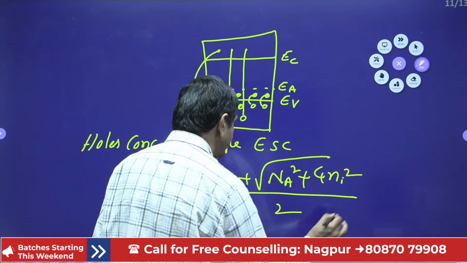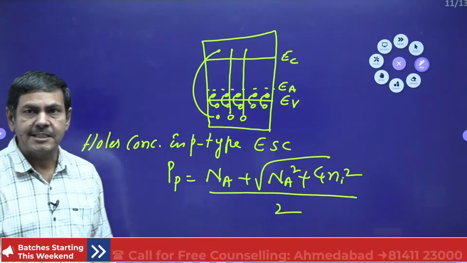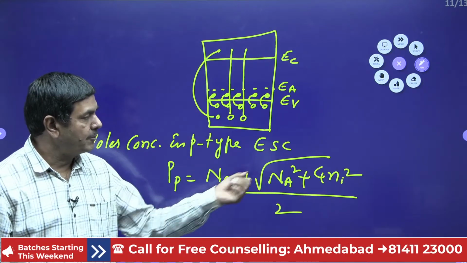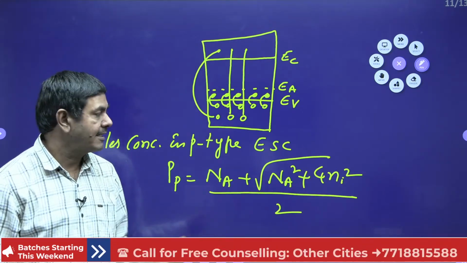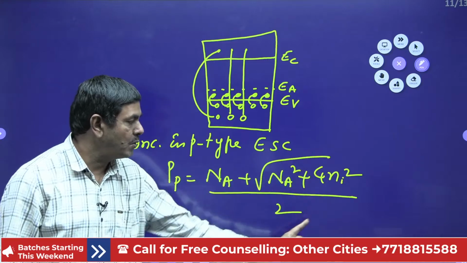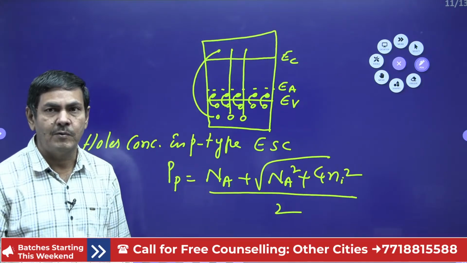This formula is applicable. Na is nothing but the acceptor concentration, which will be given in the problem. Ni is nothing but the intrinsic concentration. Then the concentration of the holes can be calculated by this formula.